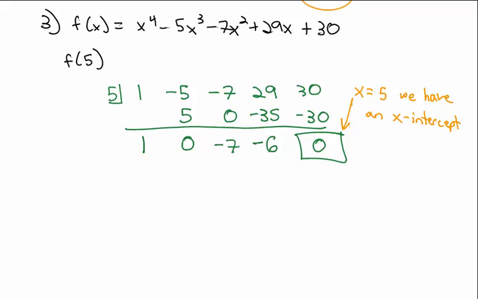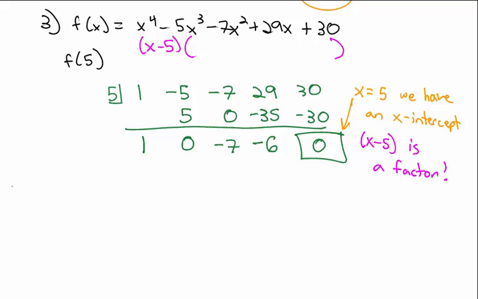What this also means, if I subtract 5 from both sides of x equals 5, x minus 5 is a factor. We should be able to factor x minus 5 out of this big thing. This big thing is x minus 5 times something. Well, let's find out what that something is.